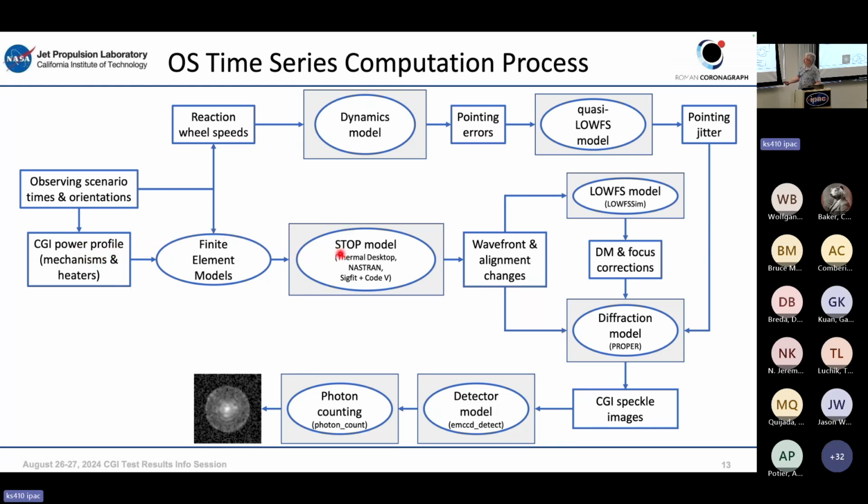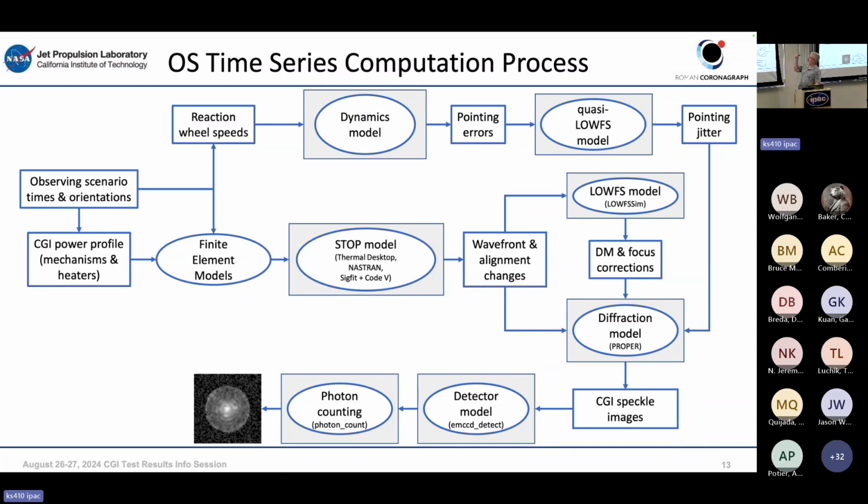Finite element model, so we do STOP modeling using standard software. Thermal Desktop for thermal changes, then Nastran for the resulting structural deformations, then SigFit and Code V to do the ray tracing to get our wavefront changes and our optical alignment changes. The wavefront and alignment changes go into our diffraction model.